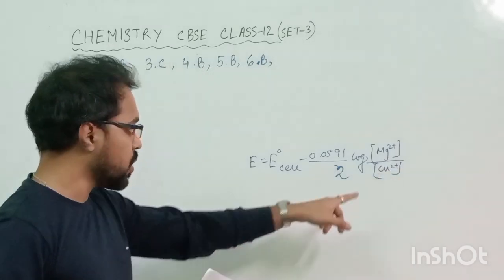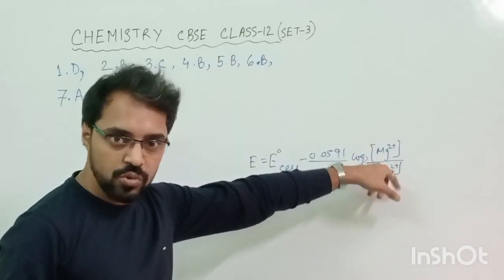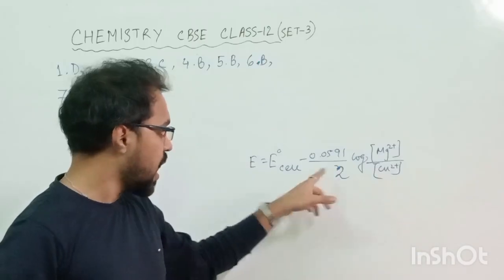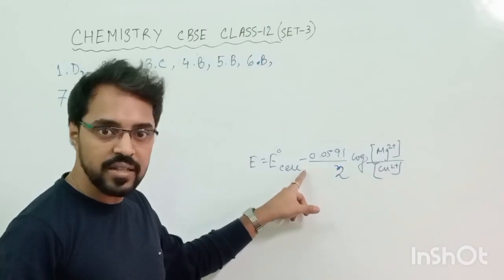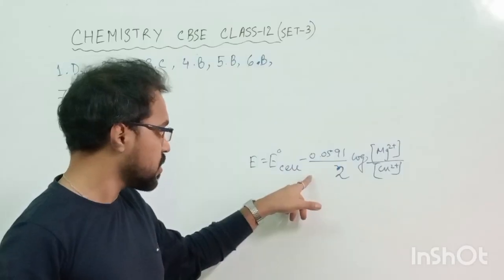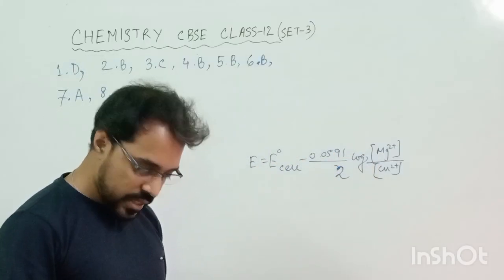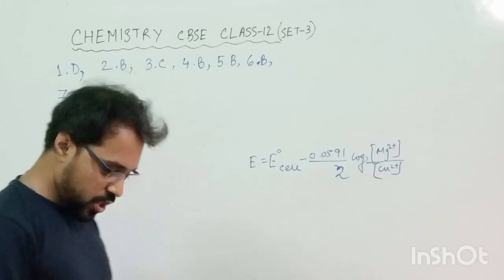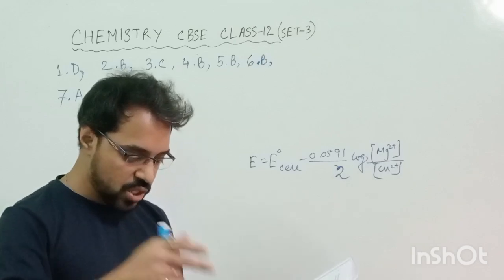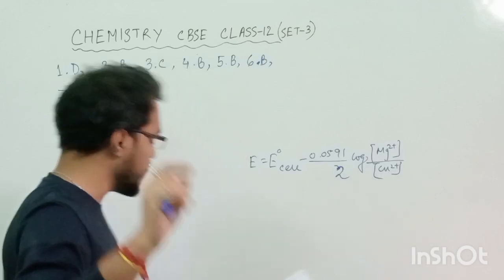If we somehow decrease the magnesium 2+ concentration, this fraction will decrease, and since we have a minus sign here, the opposing effect will overall increase the cell EMF. So the option is decreasing only the Mg2+ concentration to 0.1 molar. So 8 is A.